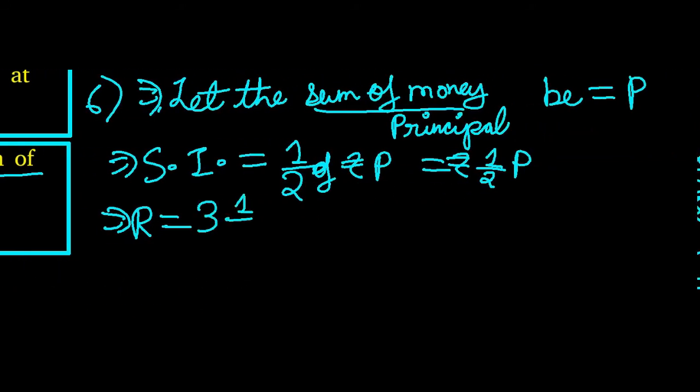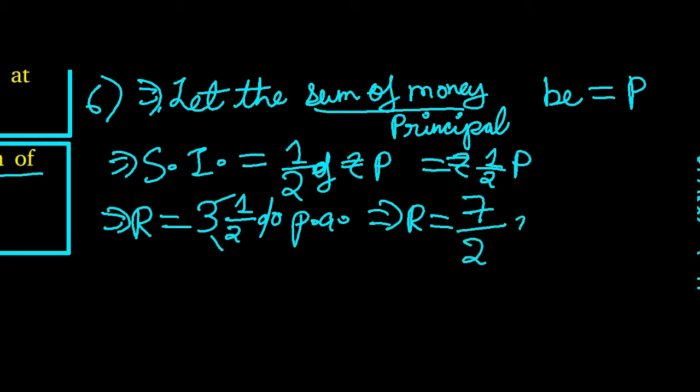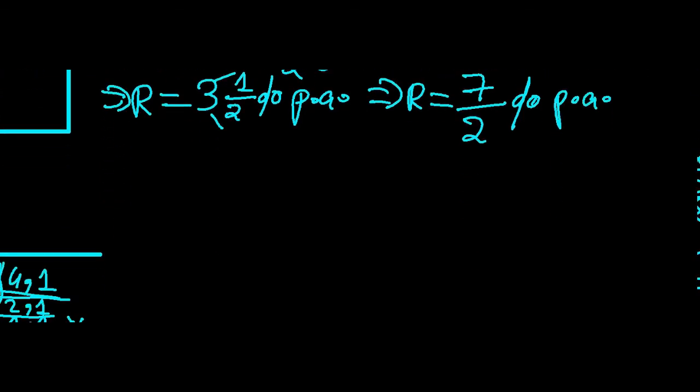So rate is equal to 2 into 3 is 6, 6 plus 1 is equal to 7, 7/2%. Okay, 7/2% per annum.